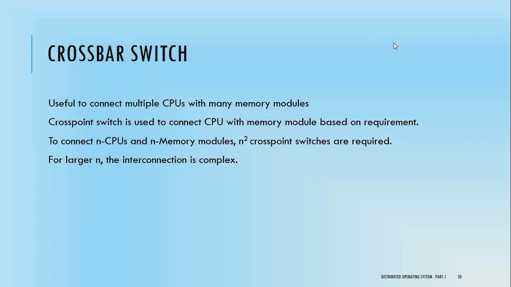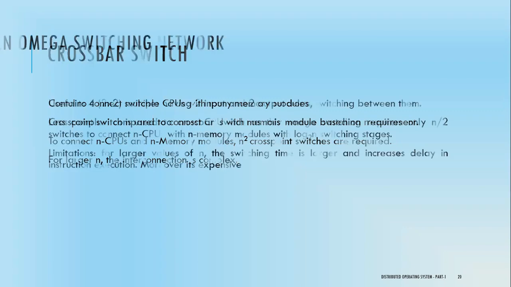The crossbar switch is useful to connect multiple central processing units with many memory modules. A crosspoint switch is used to connect a central processing unit with a memory module based on requirement. To connect n CPUs and n memory modules, n square crosspoint switches are required. For larger n, the interconnection is complex.